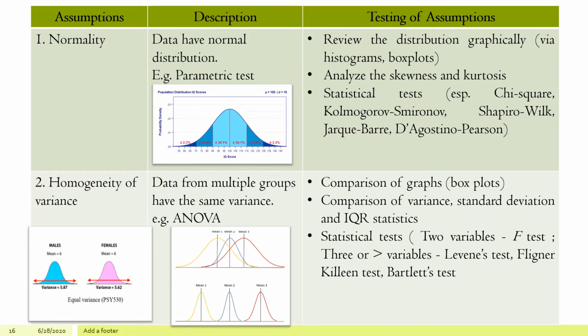Coming to the description of normality: the data have a normal distribution. Whatever data you have collected, we always think that the data is following a normal curve, but we don't know. To check whether the data is following a normal curve or not, we have to do a test, that is, the chi-square, Kolmogorov-Smirnov test or Shapiro-Wilk test.